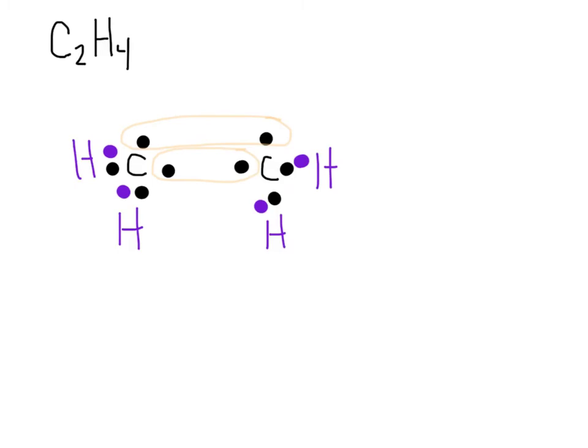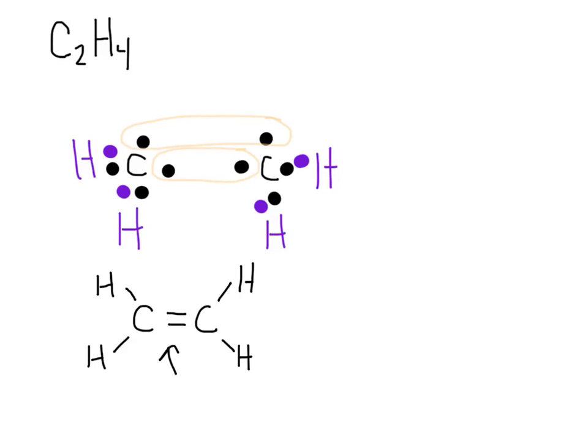So redrawing this, I would have carbon double bonded to carbon, and remember we want to go equal places away from each bond because they force each other as far apart as they possibly can. There's 2 other things coming off, so we're going to go at an angle like this, so it's going to be 120, and I'm going to have a hydrogen coming off here and a hydrogen here, a hydrogen here, and a hydrogen here.